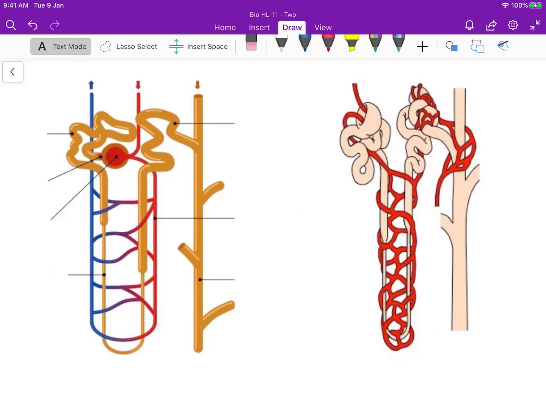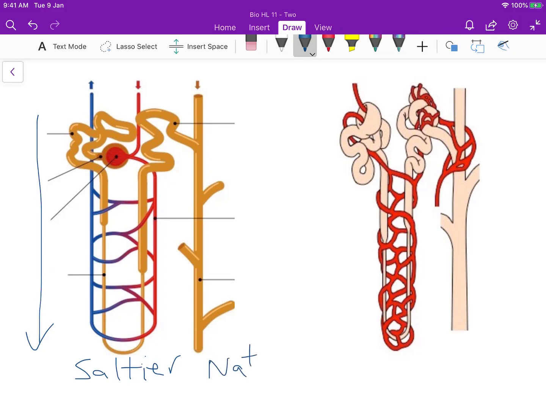So what does this have to do with the kidney? Well, in the kidney, as we go down into the medulla, it gets saltier. And it's salty because of sodium, predominantly sodium. And it's going to get very salty, because we're going to have some pumping of salt down here.